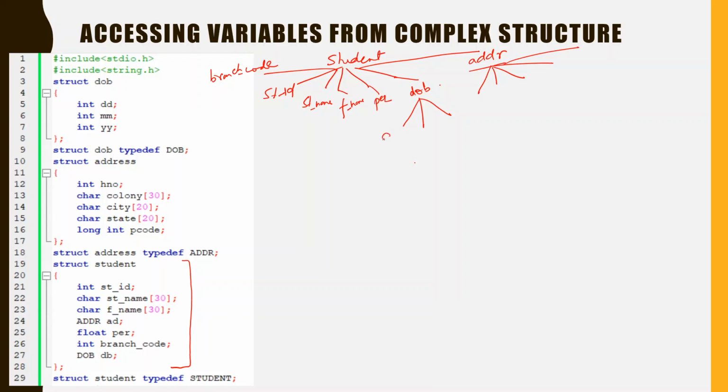So date of birth can have date, month, and year as its sub attributes, and the address can also have sub attributes such as house number, name of colony, name of city, name of state, and also the pin code.